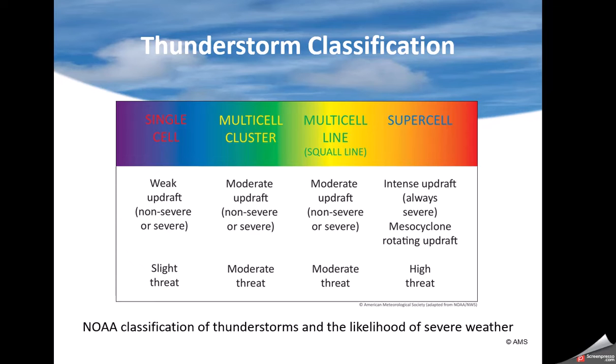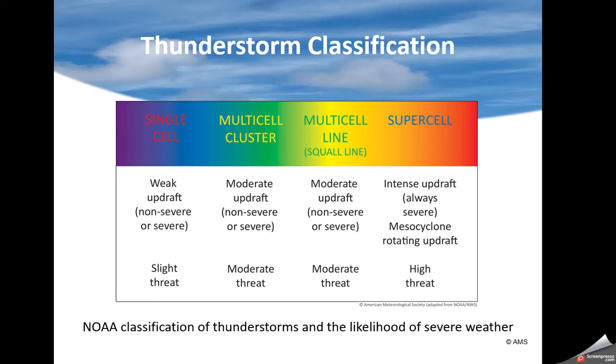That's like a multi-cell line, very similar to multi-cell cluster. Each one of those thunderstorms helps to keep the other ones going. That's why one individual thunderstorm along that line may continue to last for hours, whereas one individual thunderstorm out in the middle of summer may only last less than an hour.